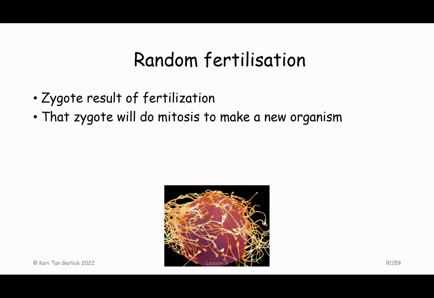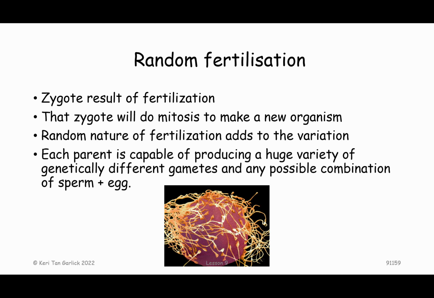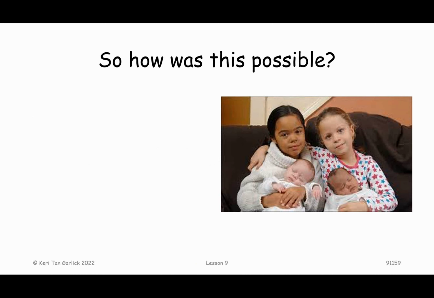Once you have that fertilization, it starts doing mitosis to create more cells to make that organism, and you can see that in that newt or tadpole video that I posted. With random fertilization, the process is random, so there could be any combination of sperm and egg. And that gives, again, a huge variety of possible combinations. That's why siblings don't necessarily look like each other, even if they have the same biological parents.